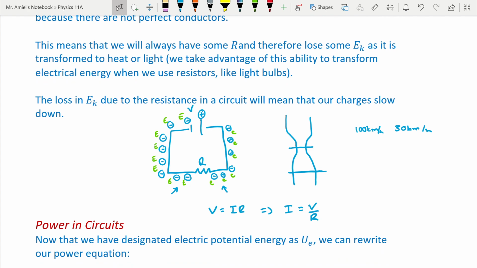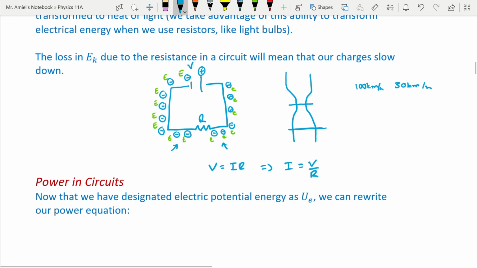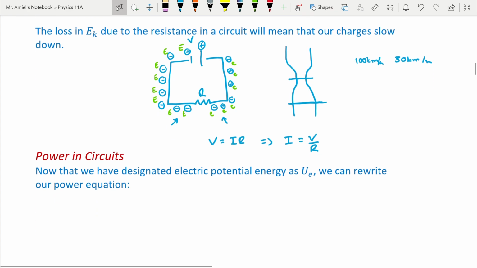You've got a lot of potential energy here, you can go very fast, but then you have this resistance. A drop in energy means you're going to go slower. You start off by being given lots of potential energy, which turns into kinetic energy in the circuit. You are then losing some of that energy and going slower. And so that is what determines your current.